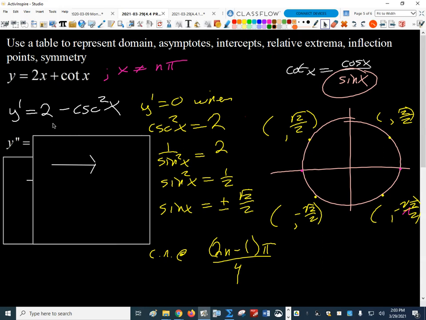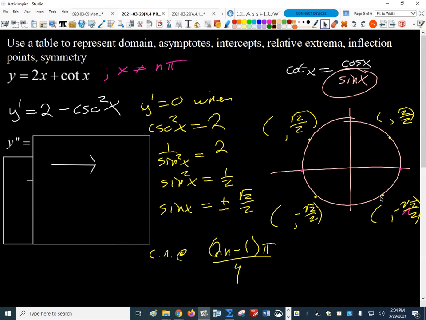We said that if we differentiate, we got 2 minus cosecant squared x. We decided that that was equal to 0 wherever cosecant squared x equaled 2, and we came to the conclusion that that was going to be these 4 places on the unit circle, on any lap of the unit circle.